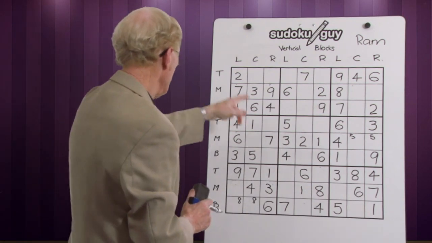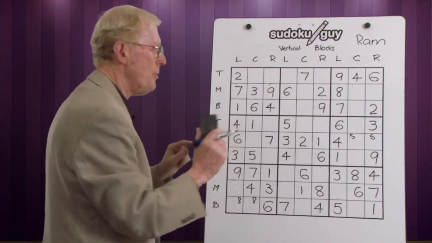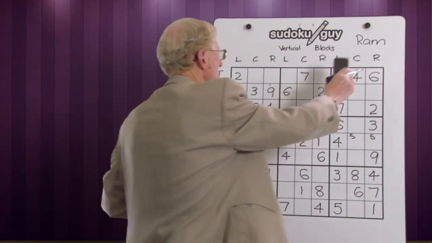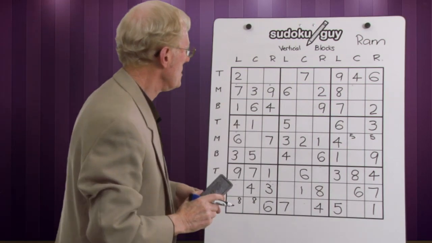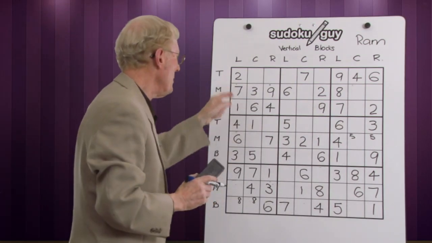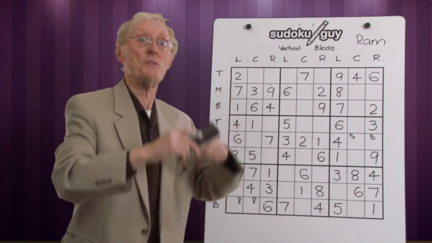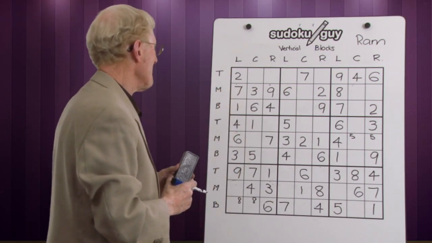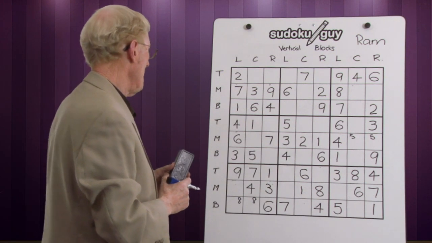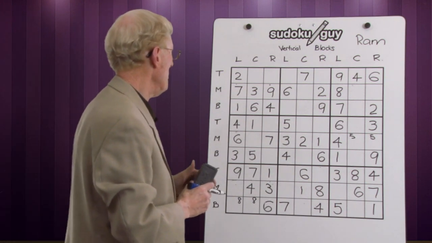7s. We've got our 7s. Fantastic. What I wanted to point out to you is this word up here. See that word RAM? When we do the vertical, we look to see if whatever number we put in, what does that lead to in terms of another number? And let me show you something here. Let me see, what new numbers did we put in? We put in a 9.